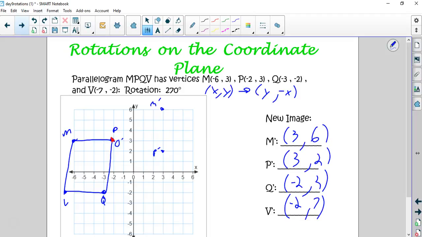And then V prime is at negative 2, positive 7. And now this is just shifted 270 degrees, 3 quadrants this way.